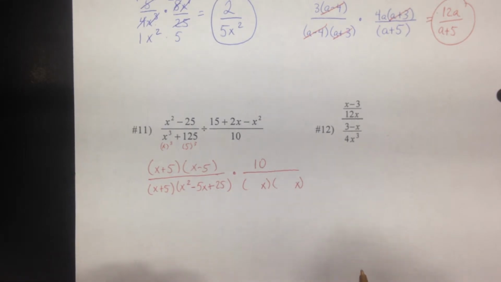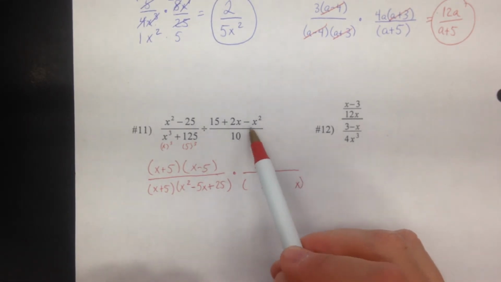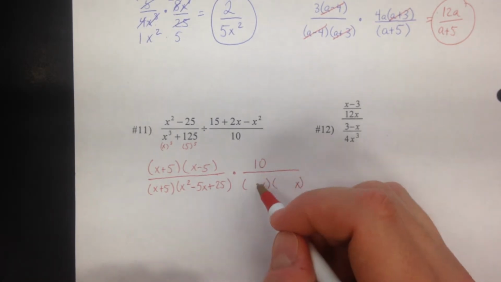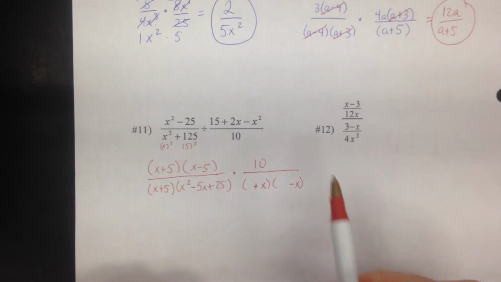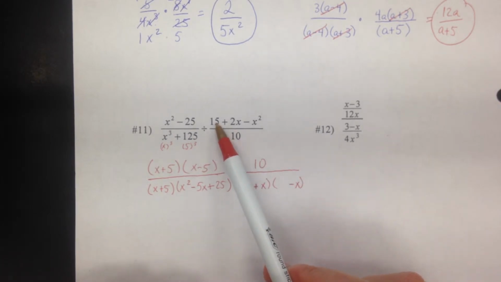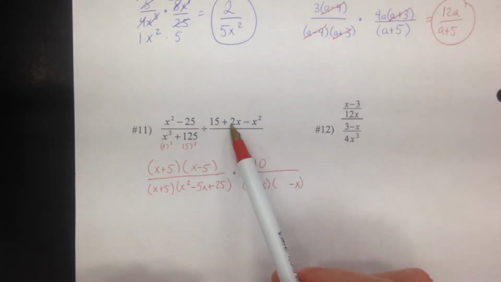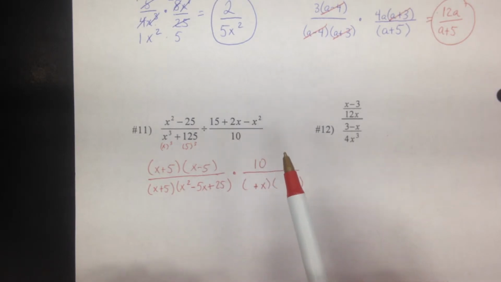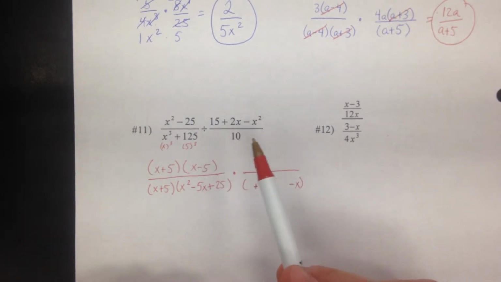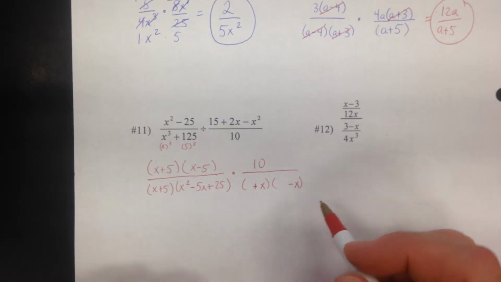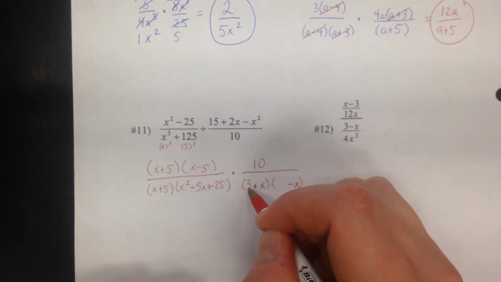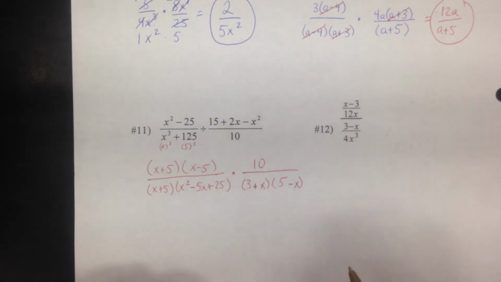Now the other thing is, one of these is going to give you a negative x squared, so one of these is positive and one of these is negative. Now we're looking at factors of 15 that can get us a positive 2. 5 and 3 is what we're going to do. Now let's see, the question here, this is going to be the 3 and this is going to be the 5.